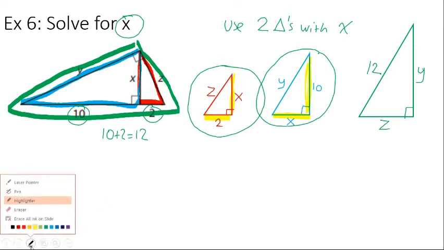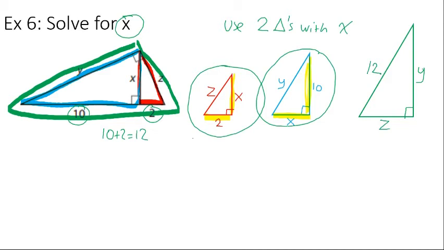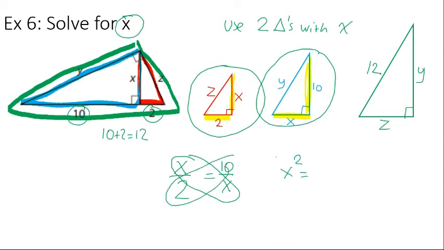Okay, so when I solve that, I'm going to set up like this. X over 2 equals 10 over x. And I just cross multiply. X squared equals 10 times 2, which is 20. Take the square root.